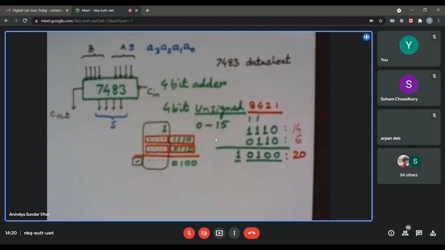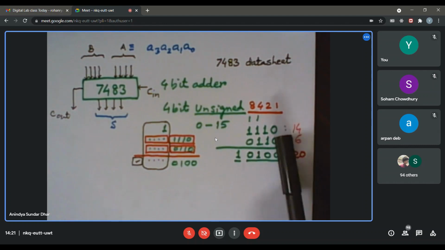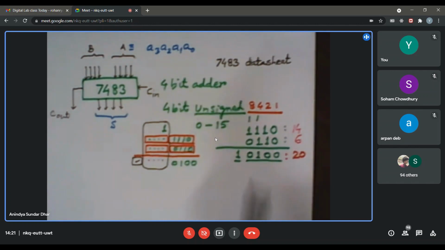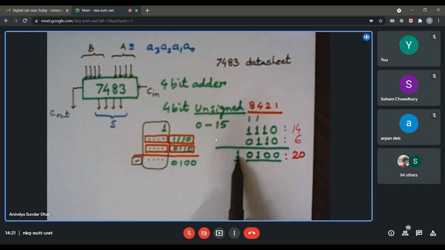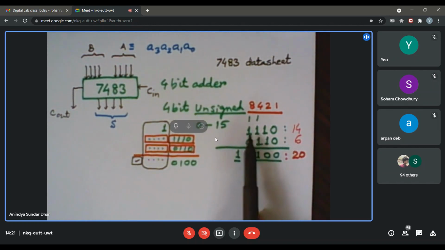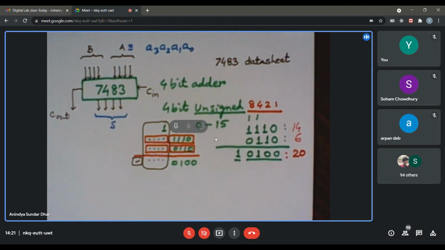So you can give a fixed pattern like ground and power supply, but then there might be a problem. Suppose once I set this up, I wish to try some other number where the carry is not getting generated. Then I may have to change the connection once again. I may not say that creates a problem, but it becomes a little bit time consuming.